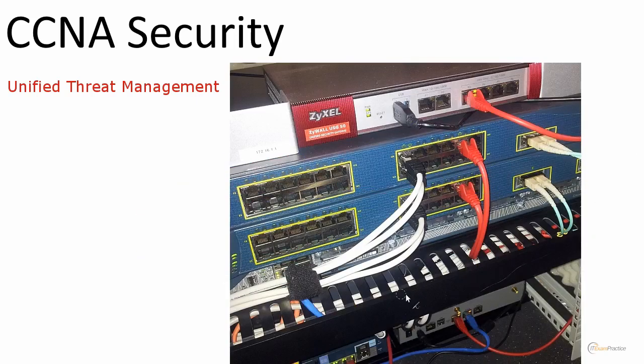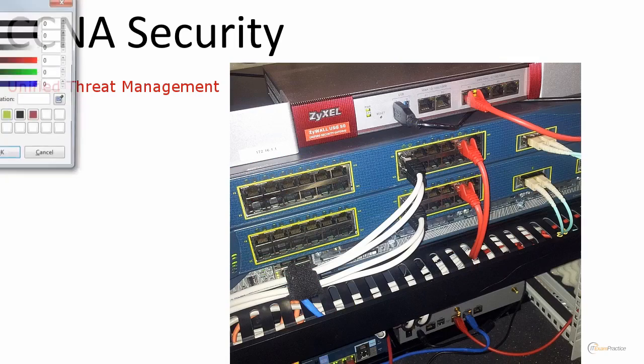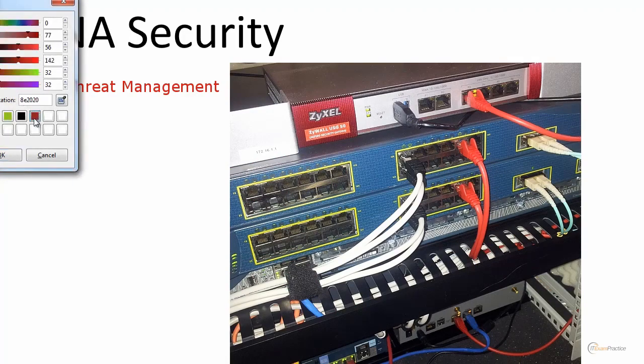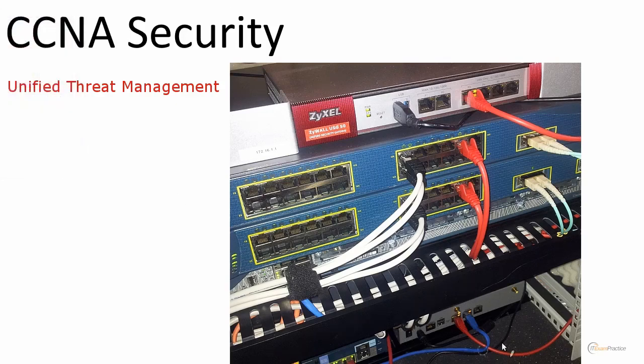Okay, here you can see that is my rack. The UTM Cyberoam is over here. Let me grab a pen. It is over here and here, and there are two cables.